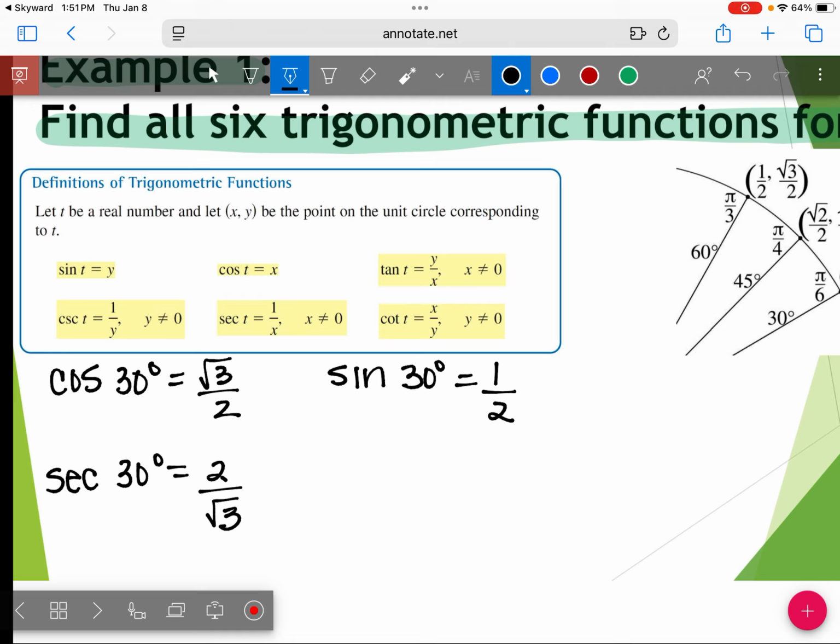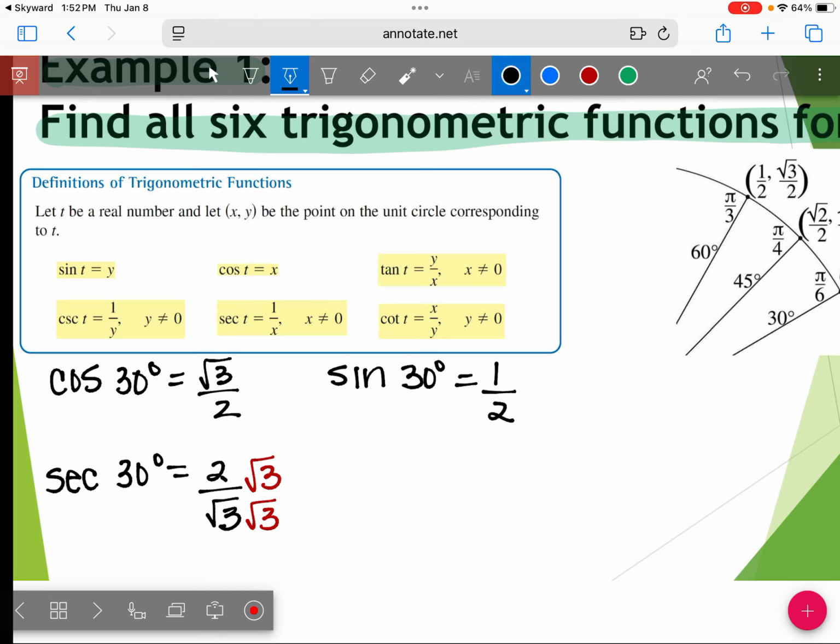Can we leave it like that? No. Okay, Anaya, I got one person. That's okay. I just need one. We cannot leave a square root in the denominator. We have to get rid of it. So I'm going to multiply top and bottom by the square root of 3. That is how you eliminate a radical.